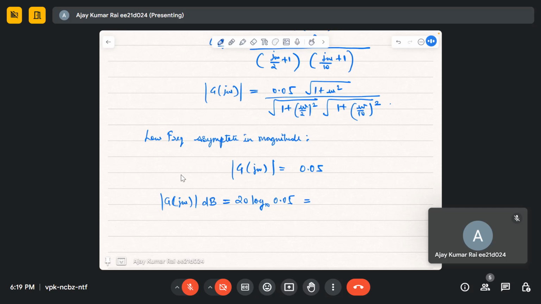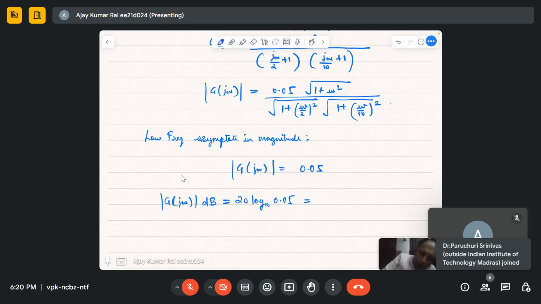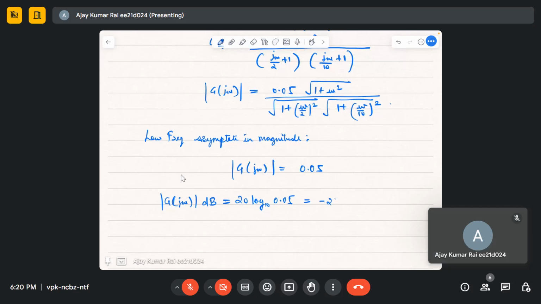So what is that? I'm getting minus 26.02. Okay, so this is in dB.